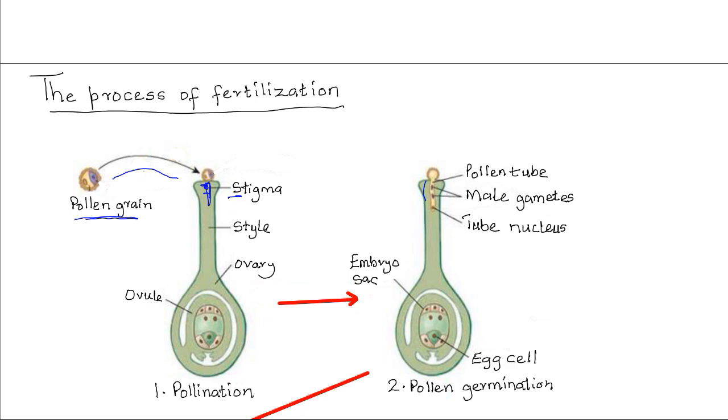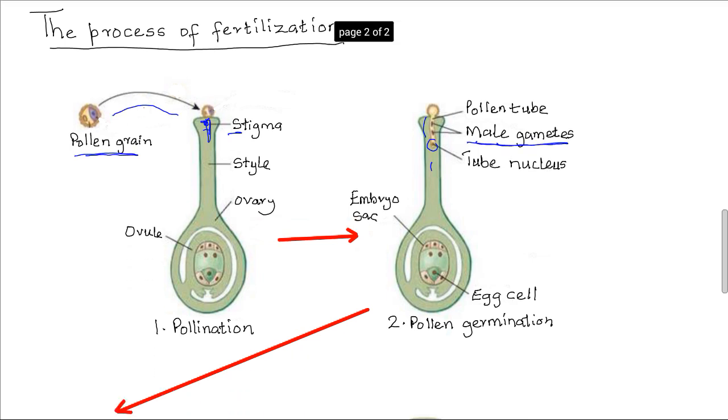This pollen tube carries in it the tube nucleus that is present at the tip and the generative nucleus that immediately after entering the pollen tube divides by mitosis to produce 2 male gametes or male nuclei. The pollen tube pushes between the loosely packed cells of the style as it grows down toward the ovary, with the tube nucleus at the tip.